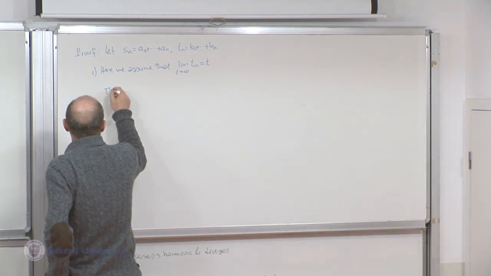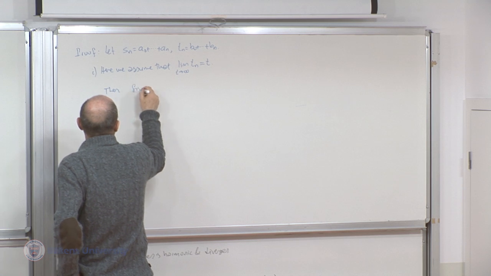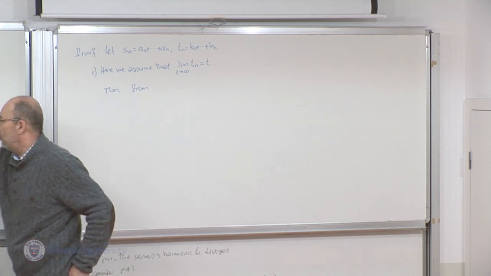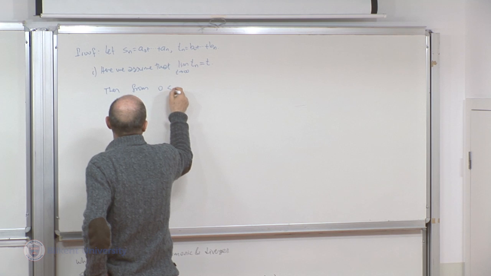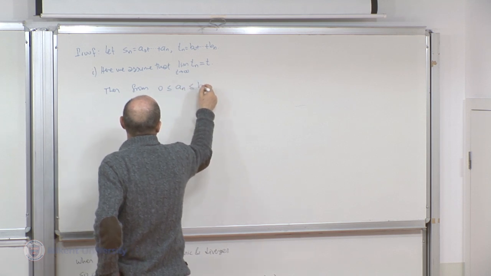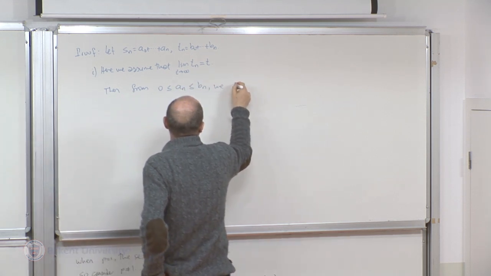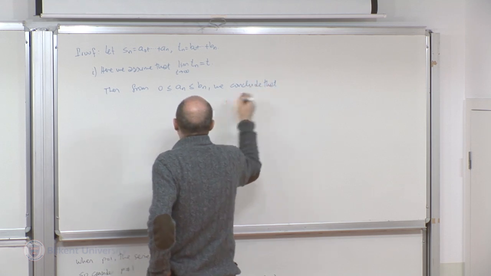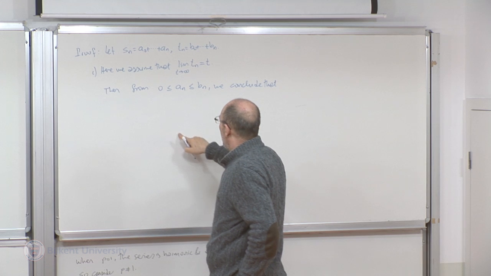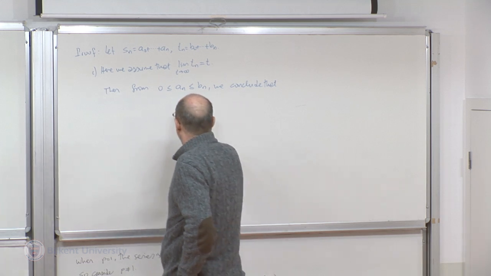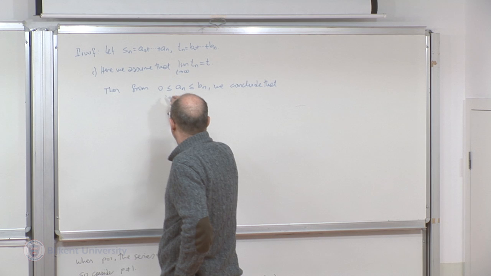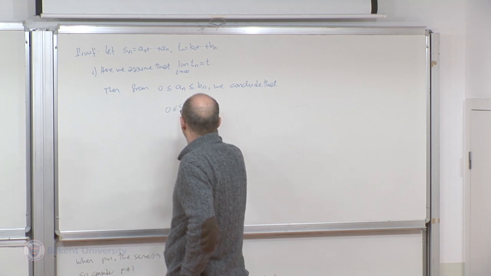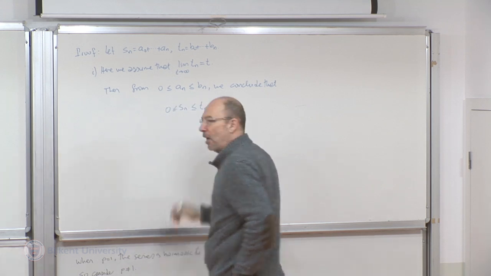Then from this part, from 0 less than or equal to An less than or equal to Bn, we conclude that if I add up all these things, I get Sn, which is always positive, and this is less than or equal to Tn.